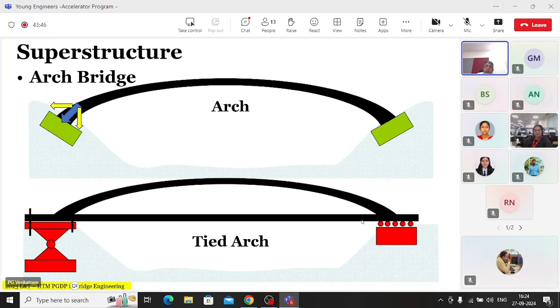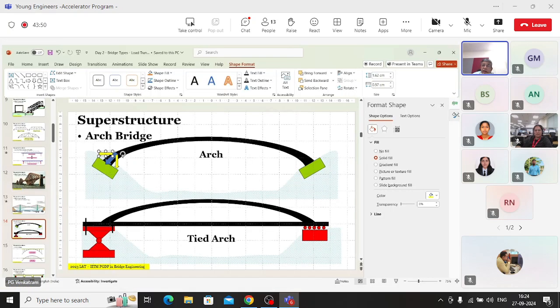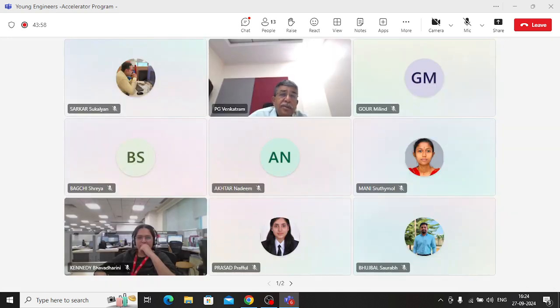Do you know the oldest tied arch bridge in the country? One of the oldest, I shouldn't say the oldest. Anybody knows?